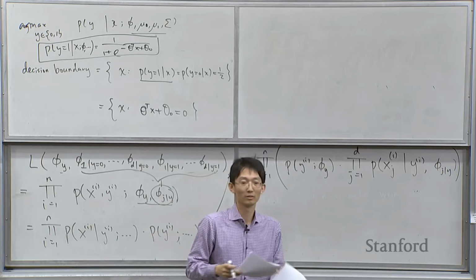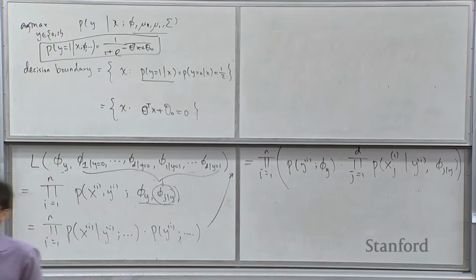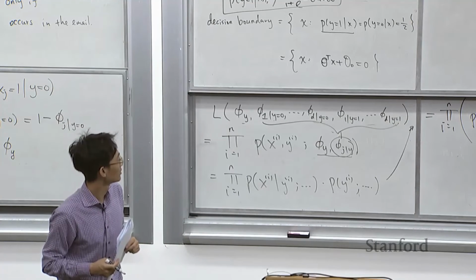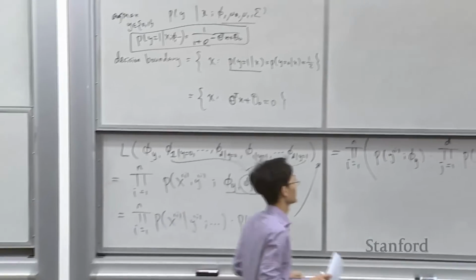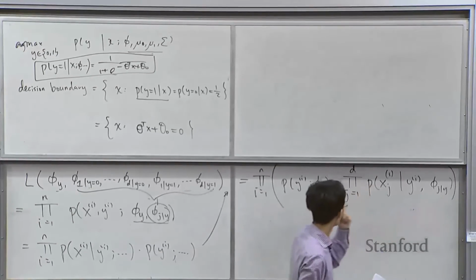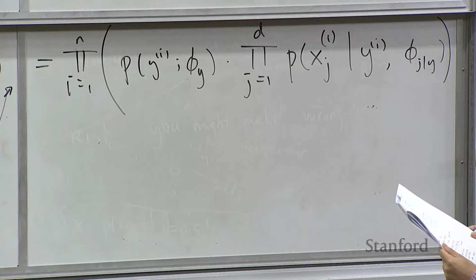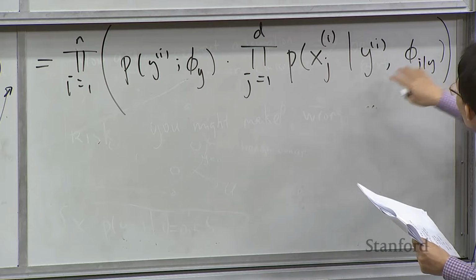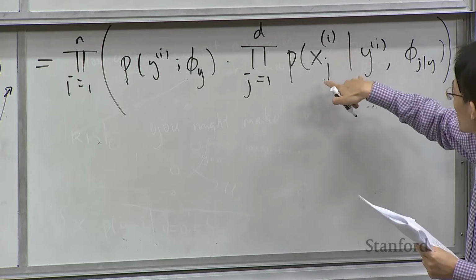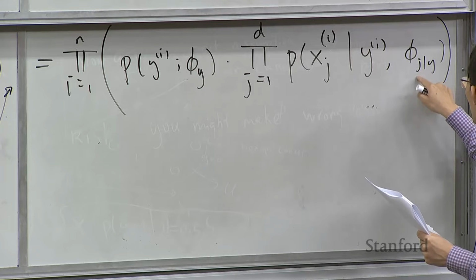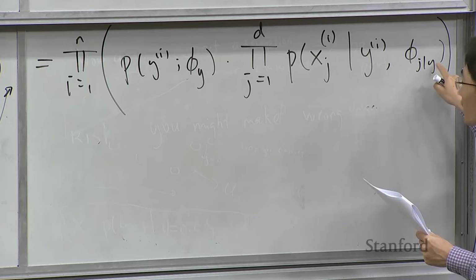So in this case, there's only two parameters. If you only look at this j and this j, you just care about the fixed j, and y is 0 and y is 1.